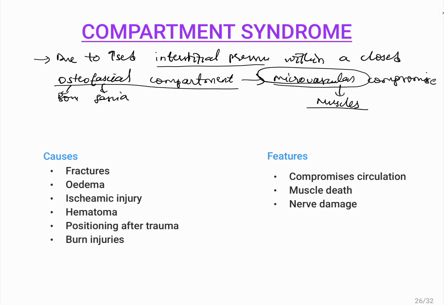The causes of compartment syndrome could be fractures, edema, ischemic injury, hematoma, positioning after any trauma, and burn injuries. The classical features of a compartment syndrome can be seen as there will be compromise of the circulation to the muscles, there will be death of muscle tissue, and we can also see damage to any of the nerves.